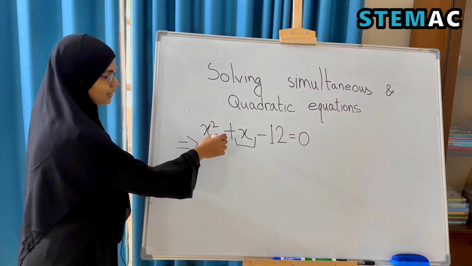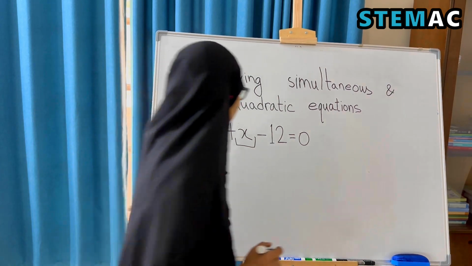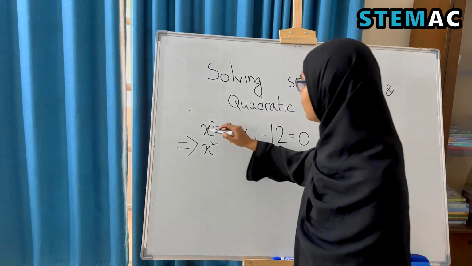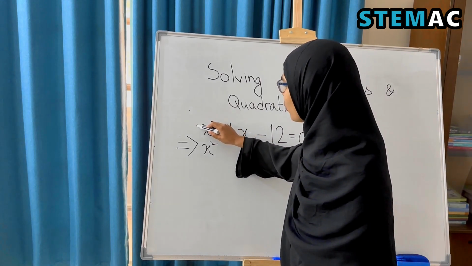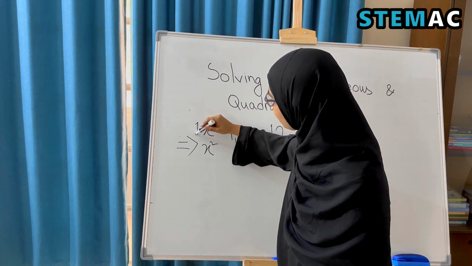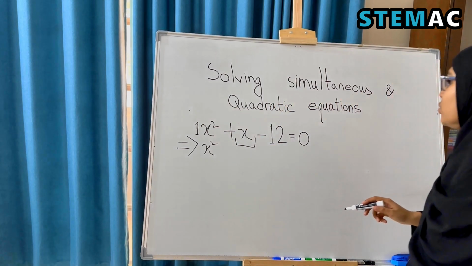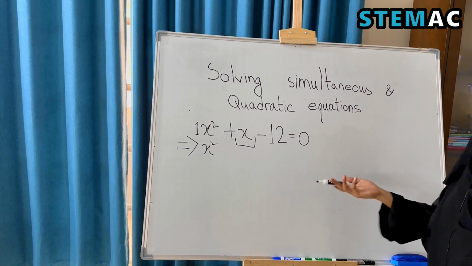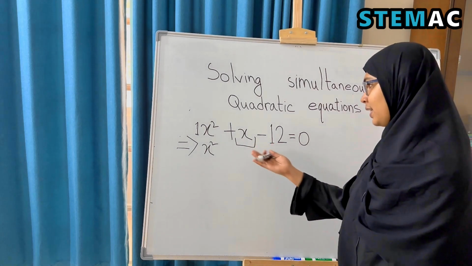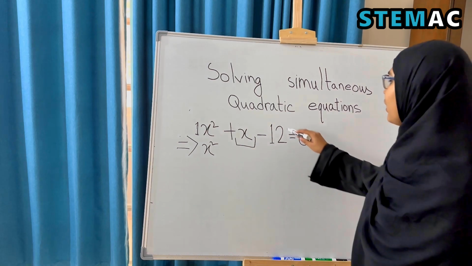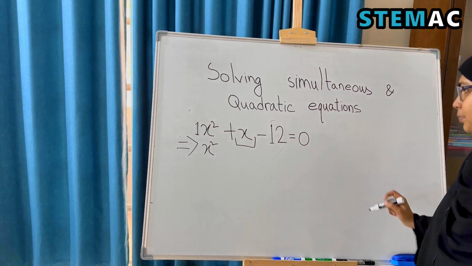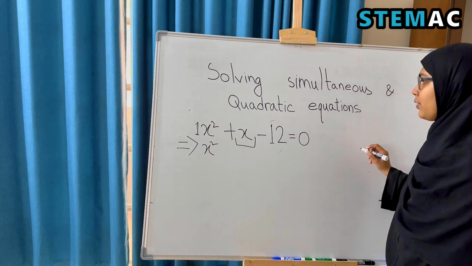To split this term x, we have to look at the coefficient before x square, and here the coefficient is 1, because 1 multiplied with anything is that thing, and 1 multiplied with x square is x square, and here the constant term is 12.